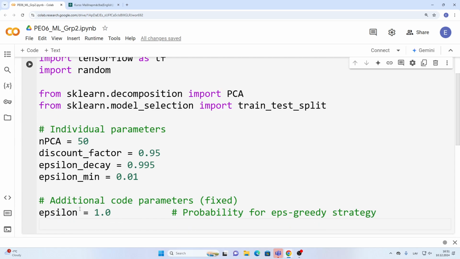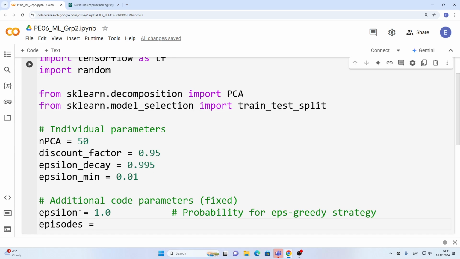Then we will have certain more parameters related to how long and how many training runs we are going to do, such as number of episodes. So in reinforcement learning, episodes are the same as iterations in our previous algorithms or epochs in neural networks.